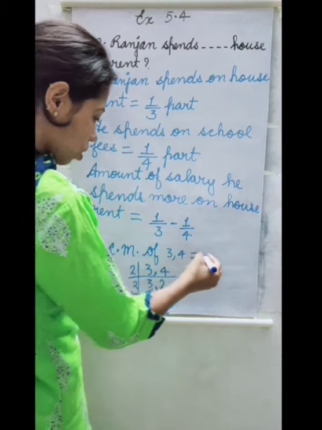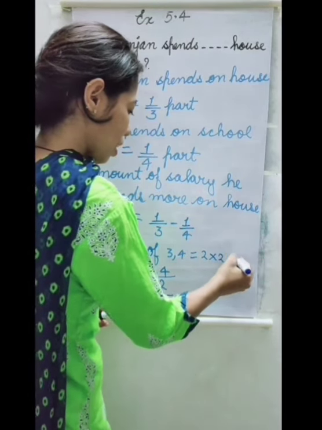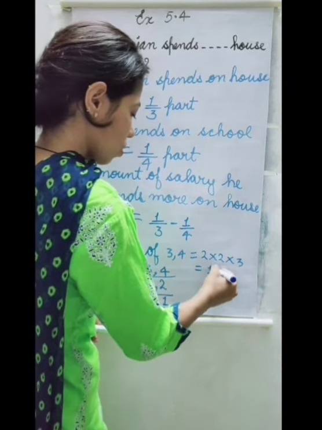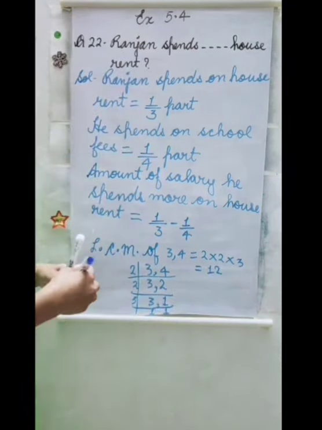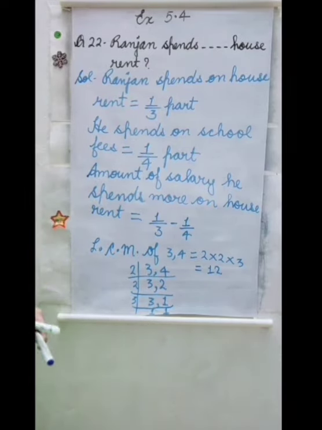So the LCM of 3 and 4 is equal to 2 times 2 times 3. 2 2s are 4, 4 3s are 12. For the next part of the question I have to erase. Till that time you note it down.